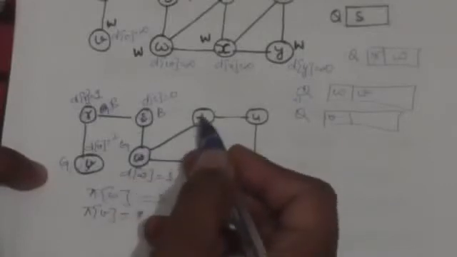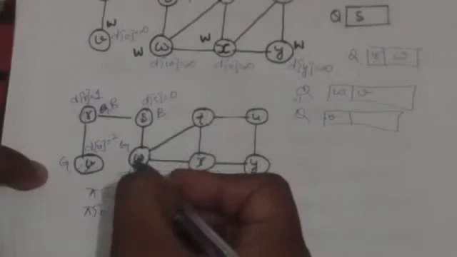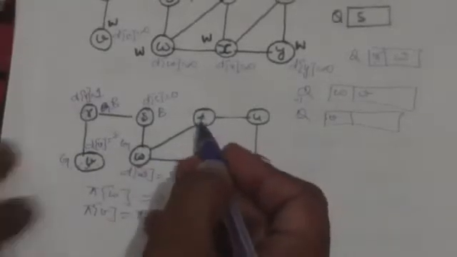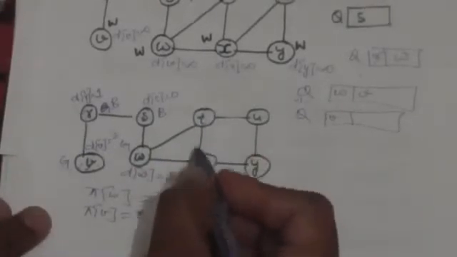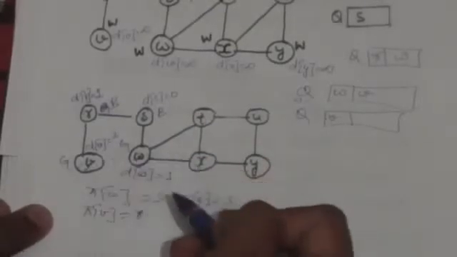So there are 2 white vertices which are adjacent to vertex W, and these vertices are vertex T and X. These are 2 white vertices which are adjacent to vertex W.